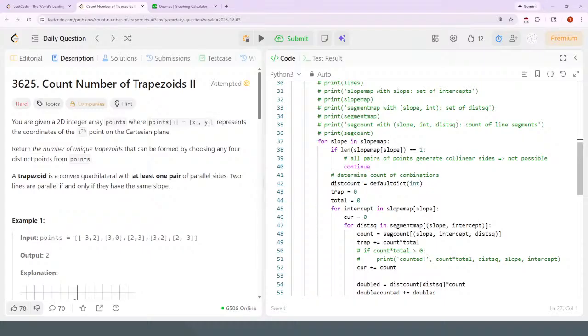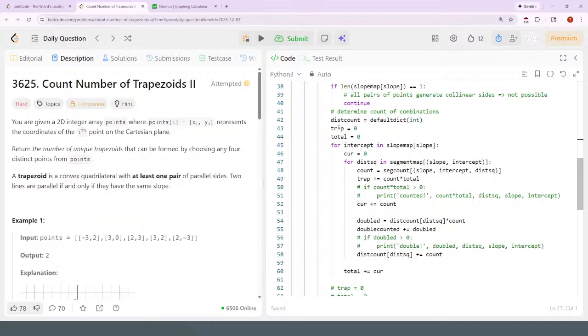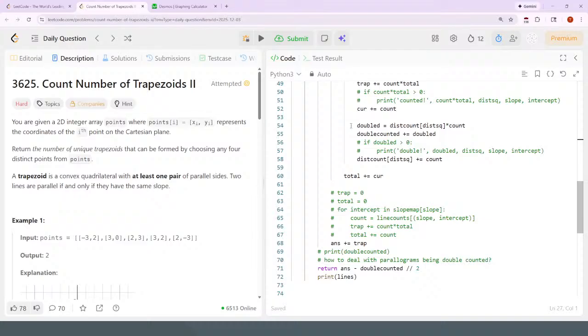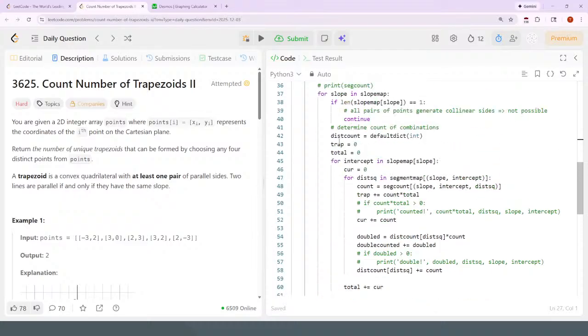Distance count. Every trapezoid formed currently. So this is the count of the trapezoids formed with the current slope.